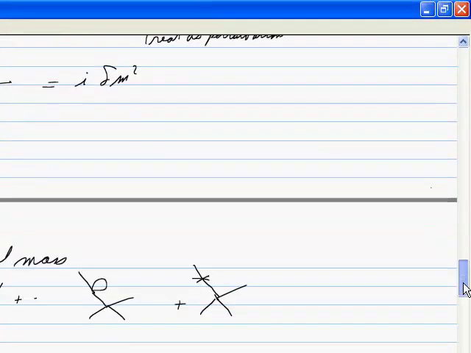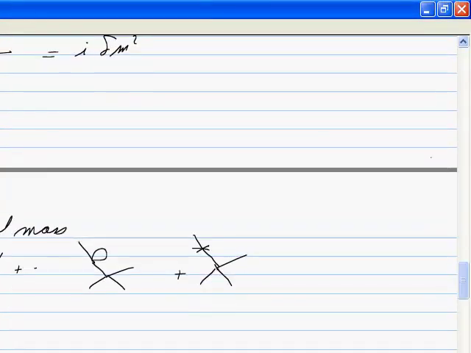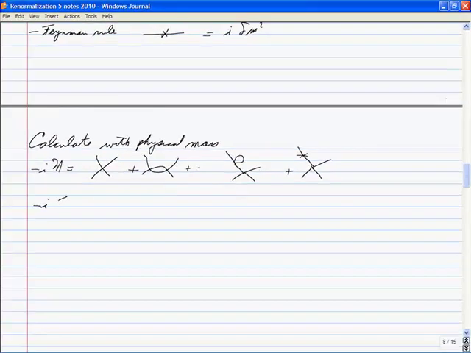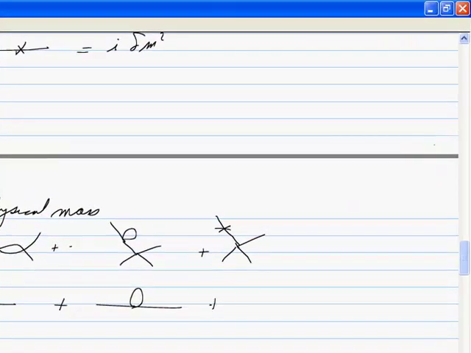We also calculate the propagator minus I sigma of p squared, it's this plus this plus this now.